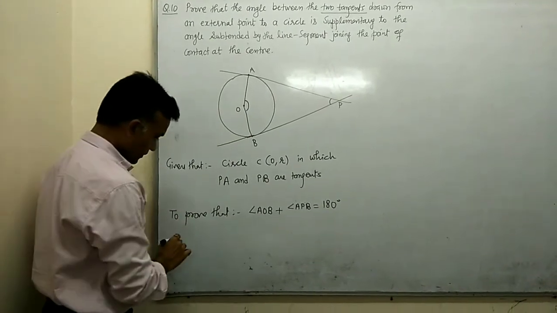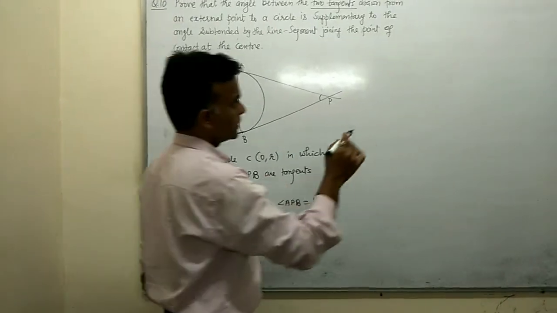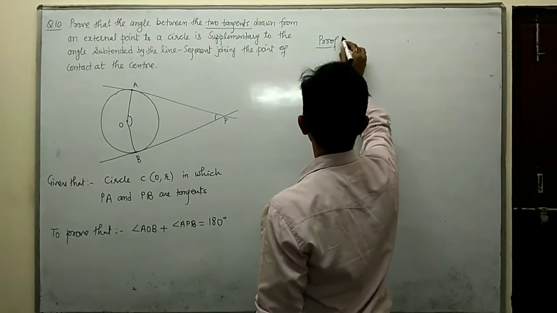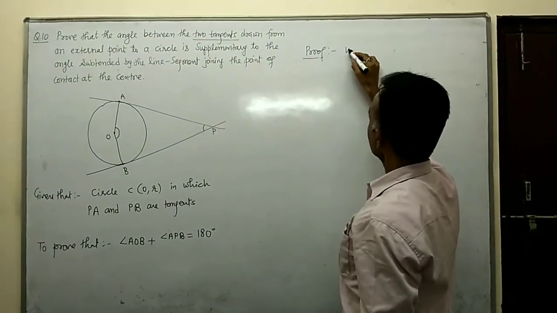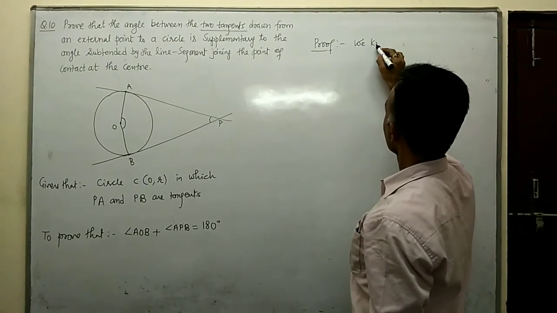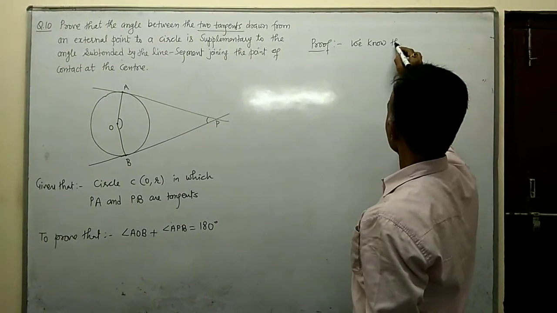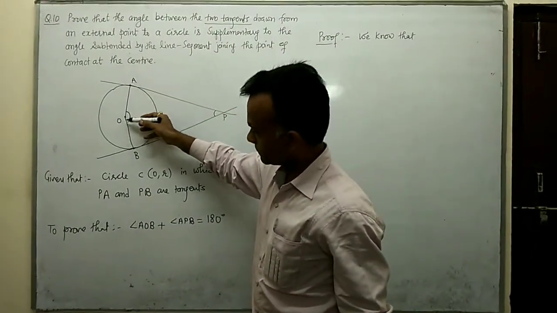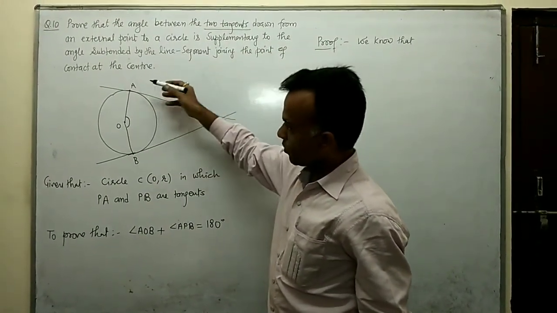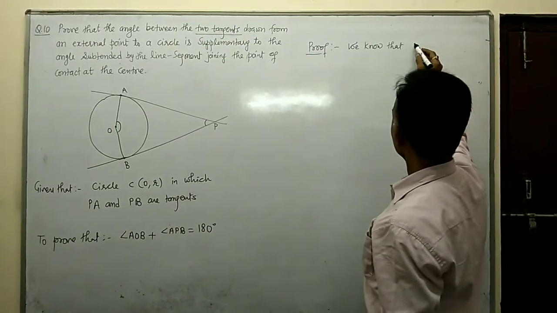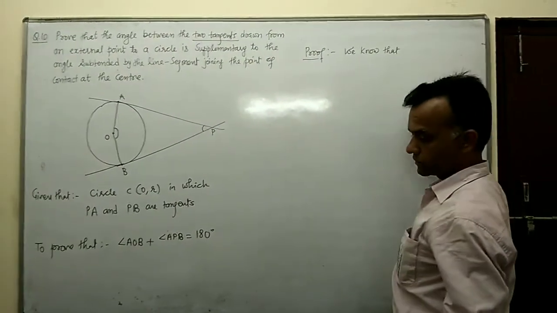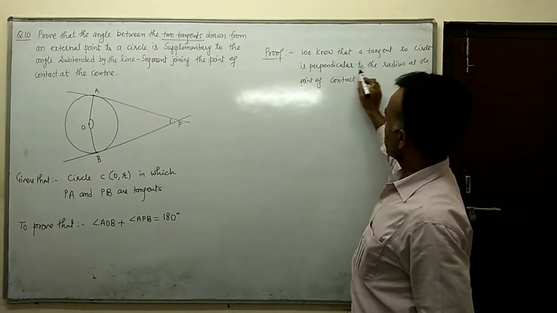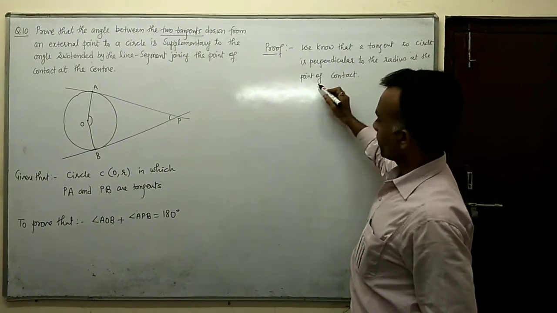now you start the proof here. So write down here: proof. We know that a tangent to a circle is perpendicular to the radius at the point of contact.